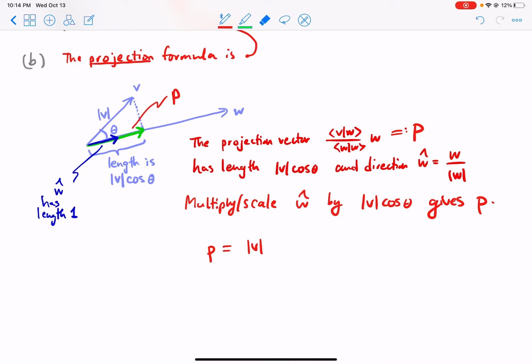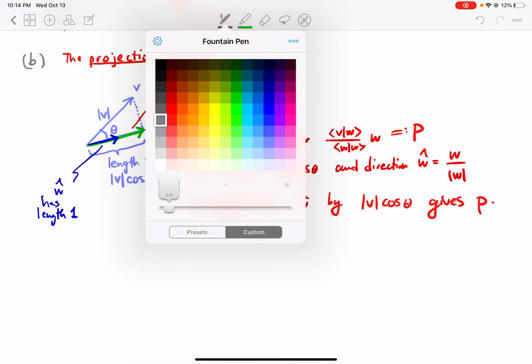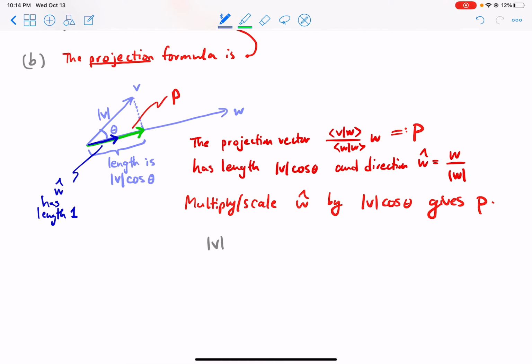Oh, now I'm actually switching to formulas. So now I'm going to do some calculation. |v| cos theta times w hat. Well, that's p. That's what I'm saying here. Well, that's |v| cos theta times w over the length of w. That's just the definition of w hat.